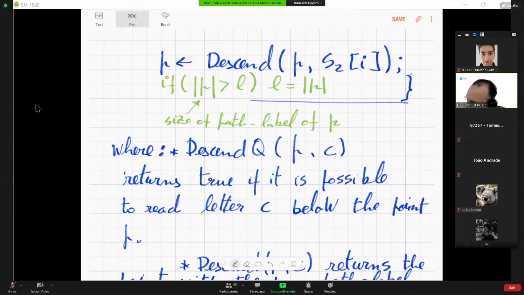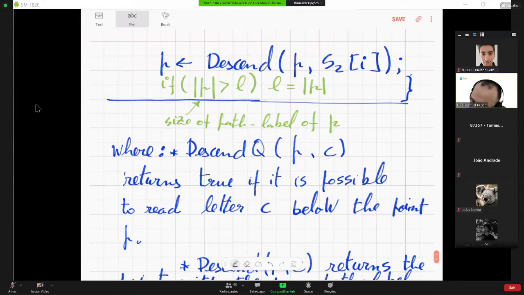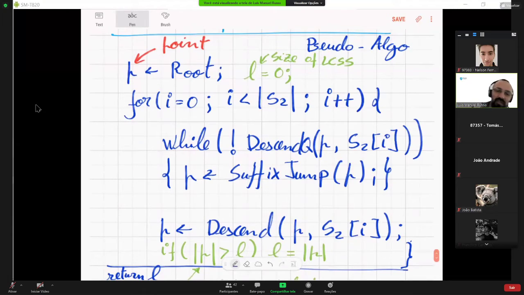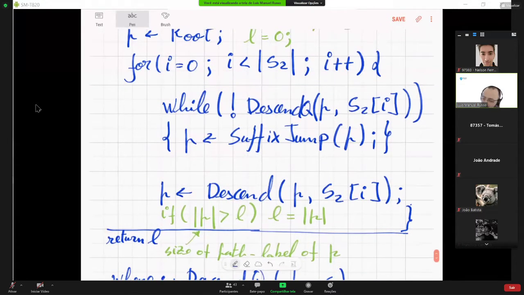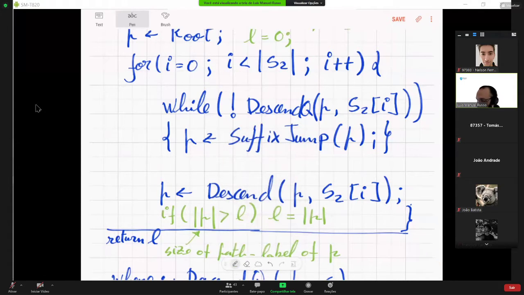Now it gives me the information that we wanted. Here, just return L. This gives us the size of the longest common substring. It doesn't give us the substring itself, but it's the same thing. If you actually want to store the string itself, you can keep a copy of the point, where in the suffix tree is the longest common substring.